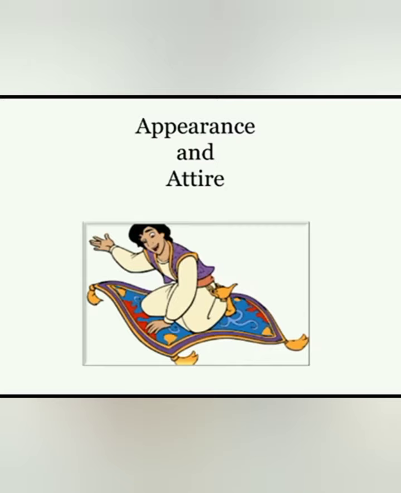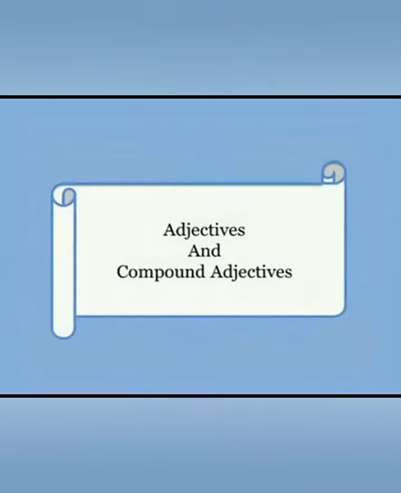So we discussed these different things, but in this lesson we will be discussing how we can use adjectives and compound adjectives to give a realistic touch to your character and to make it more interesting and enjoyable. And besides, we can have a very clear idea about the nature of our character.